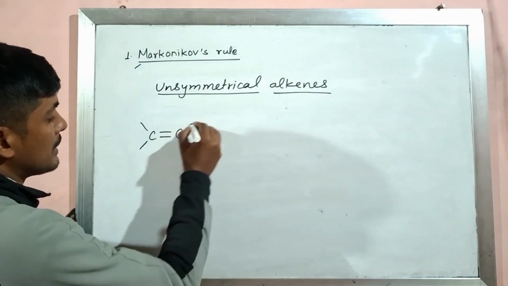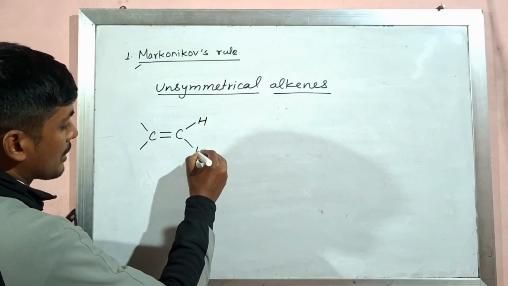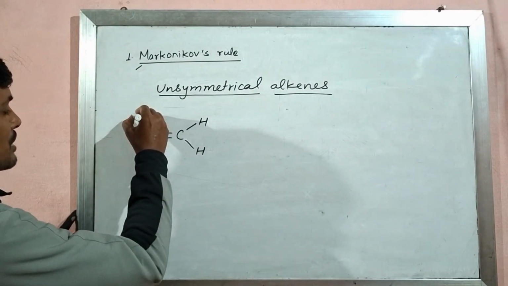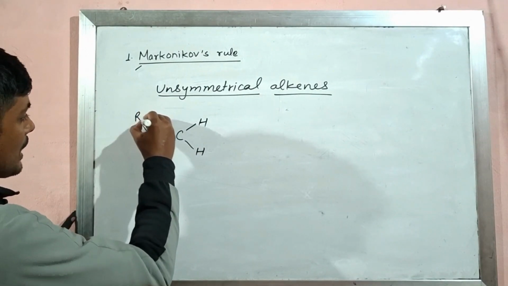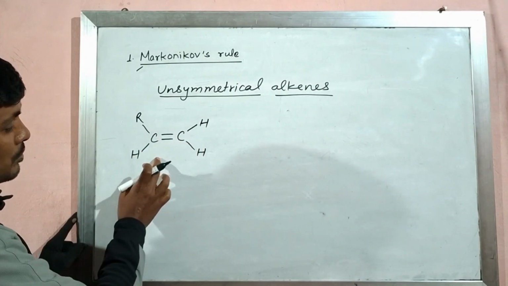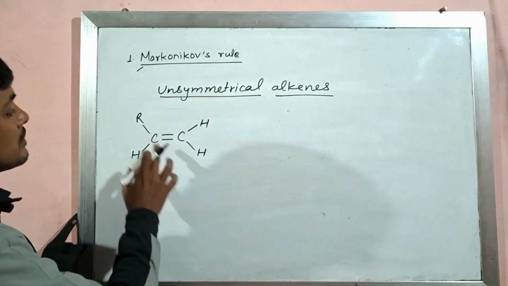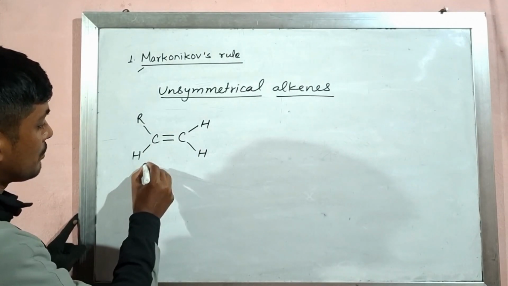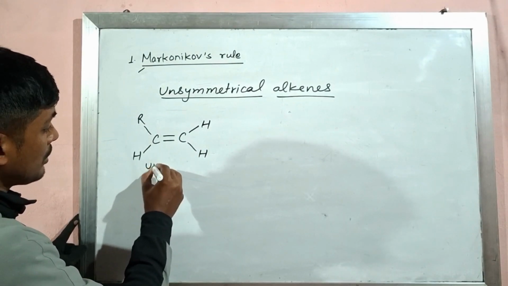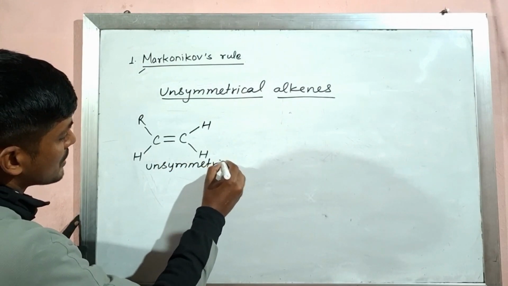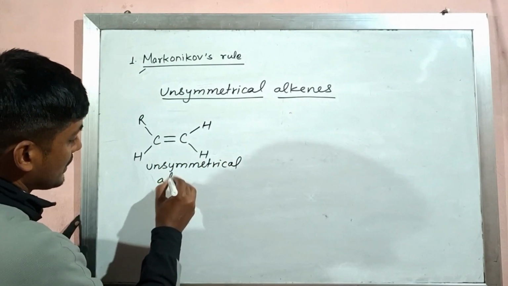For example, in one of the carbons there are two hydrogen atoms, whereas in the other carbon atom, suppose there is an alkyl group and a hydrogen. Here we can see clearly that the two carbons have different substituents. So this kind of alkene is called an unsymmetrical alkene.